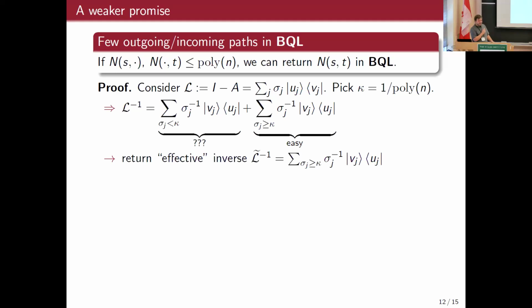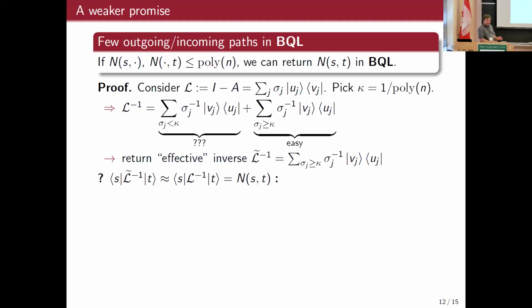So one natural idea would be, can we just return some effective inversion where we only invert the well-conditioned part? And then maybe this gives a good estimate for the actual inverse entry ST, which would be the number of paths.